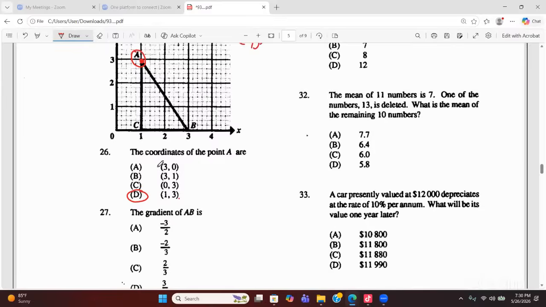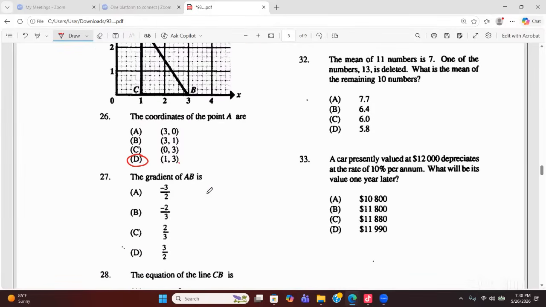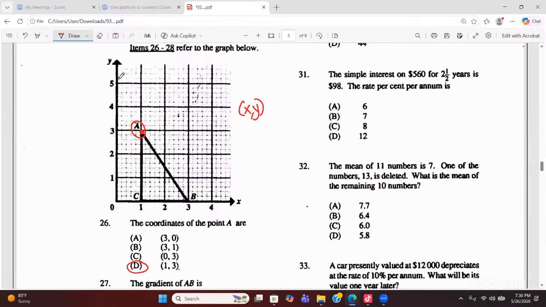Now, the next question says the gradient of AB. You can do this more than one way. You can calculate your gradient, you can count it. But let us say you want to calculate your gradient. Normally, you know that your gradient is y2 minus y1, over x2 minus x1. This point here is 1, 3, and this point here is 3, 0.